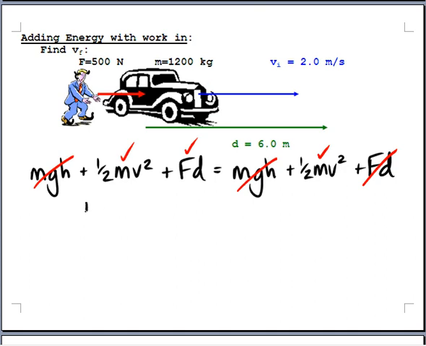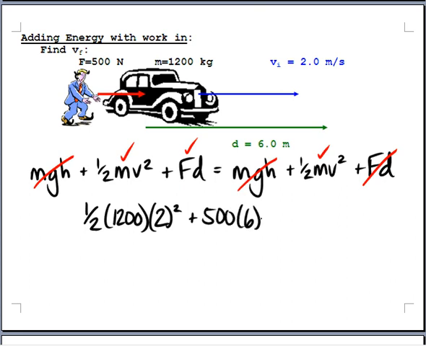From this point forward, it really is just number crunching. You just go to your calculator. Remember I mentioned that people forget to square velocities all the time, so catch that when you're doing the 1/2 mv squared. So there's your 1/2 mv squared. We've got 500 newtons for 6 meters, and that's going to give us a new 1/2 mv squared.